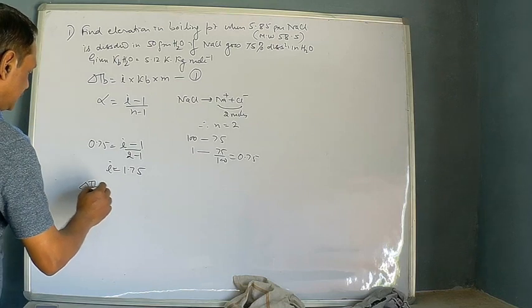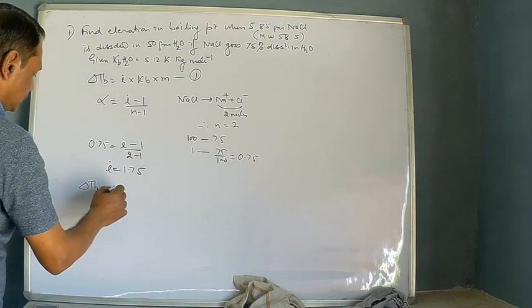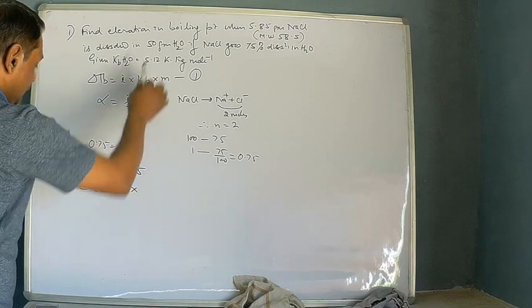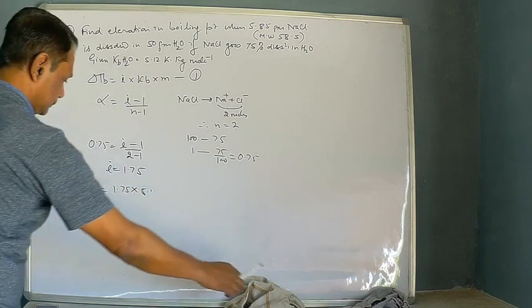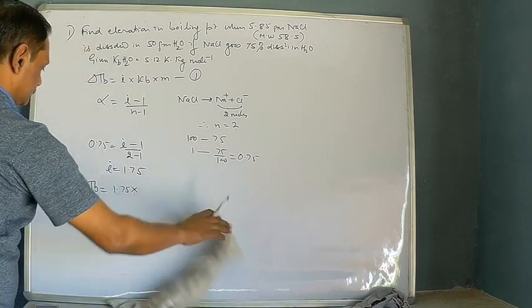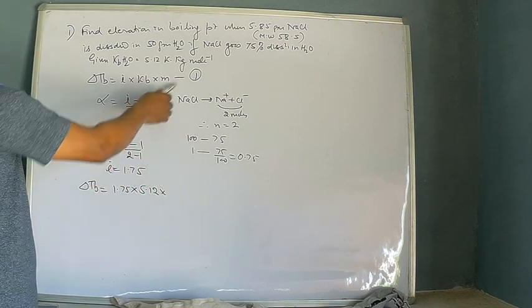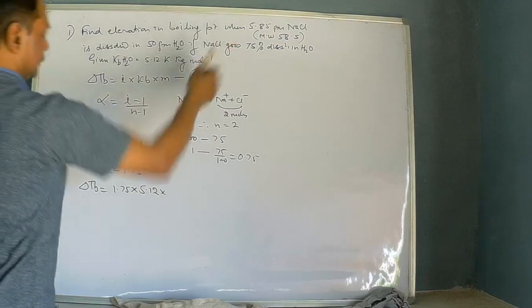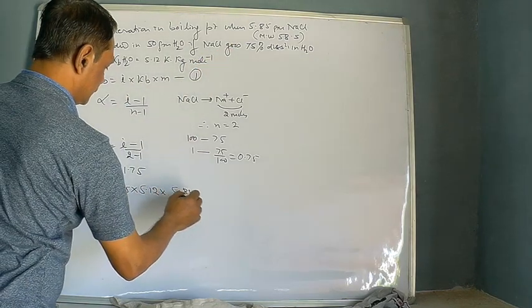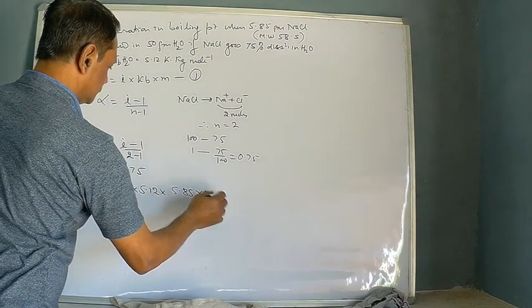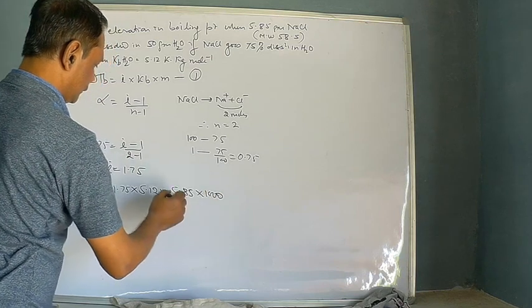So delta Tb equals i 1.75, Kb 5.12, multiplied by molarity, weight of solute 5.85 multiplied by 1000. Class, this is the molarity expression we are using over here.